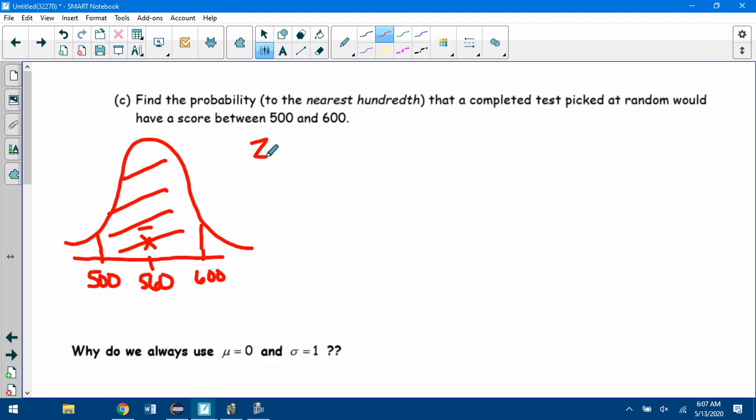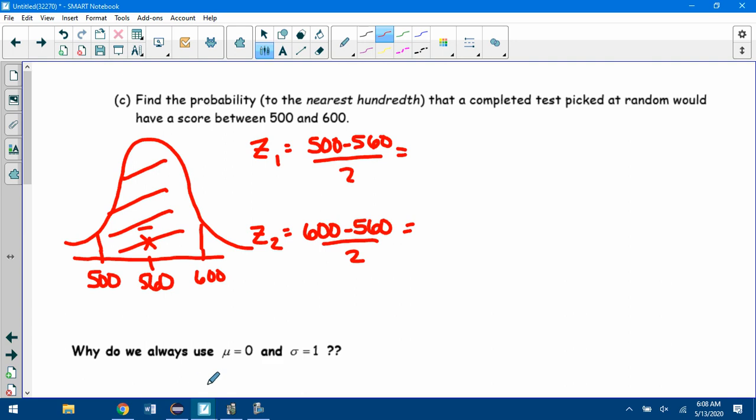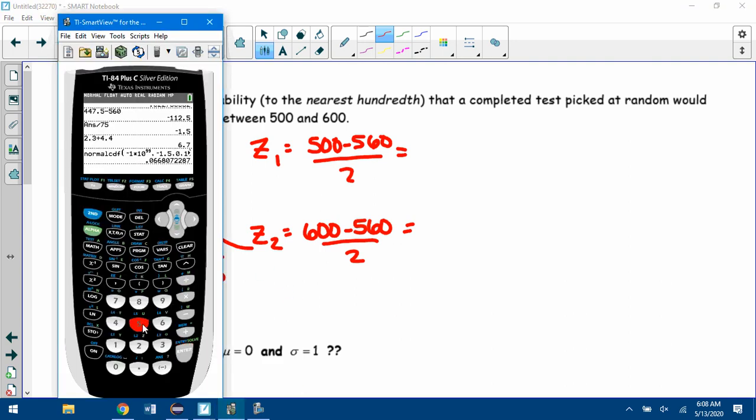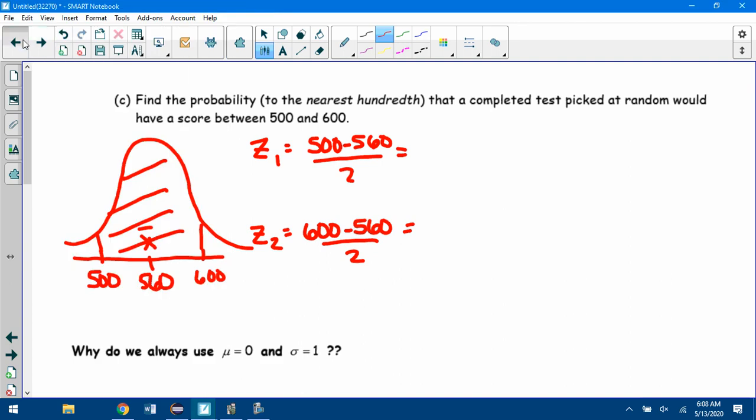So I've got two z-scores to find. My lower one, 500 minus 560 divided by 75, and my upper one, 600 minus 560 divided by 75. Sorry, what am I doing, 2?